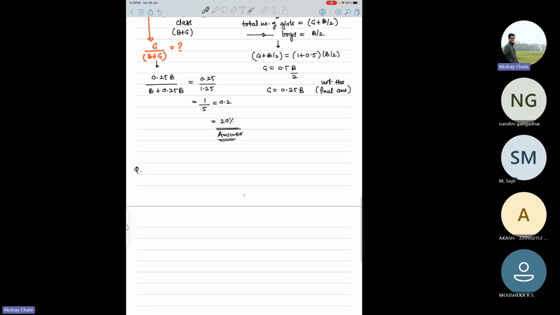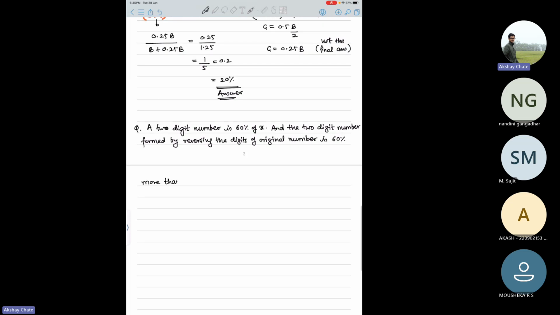Yeah, so maybe this is a different variety of problem. A two-digit number is 60% of x, and the two-digit number formed by reversing the digits of the original number is 60% more than x.